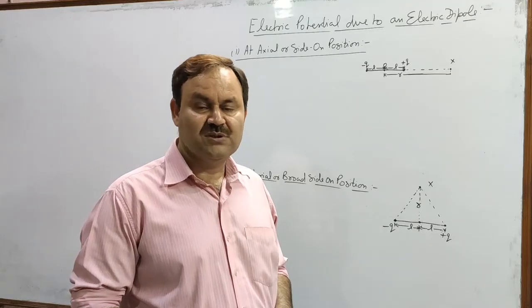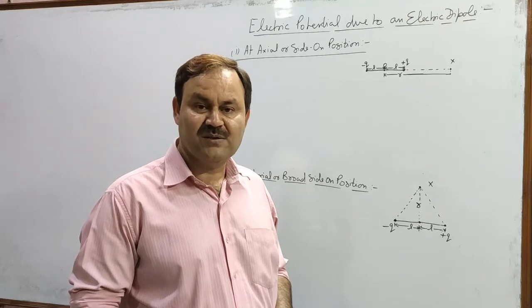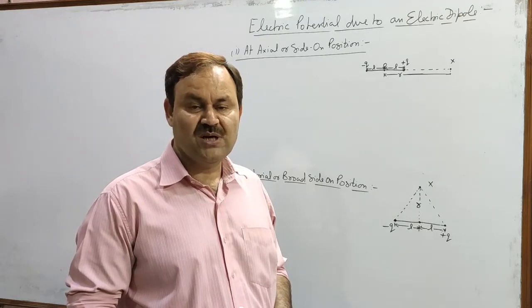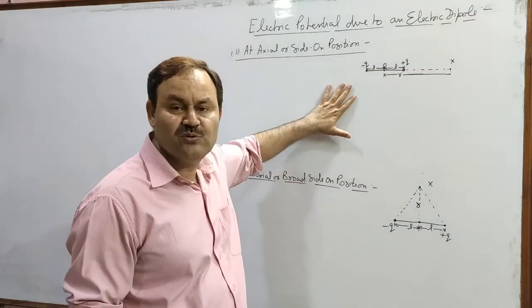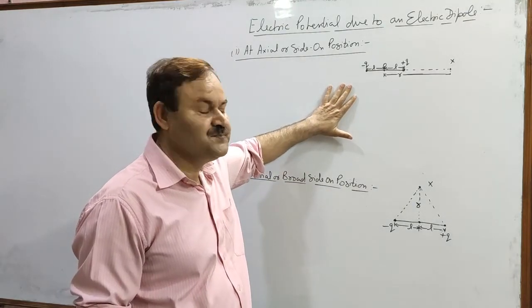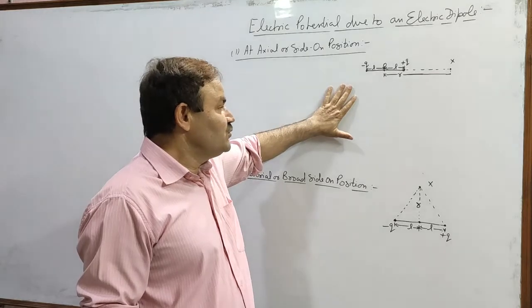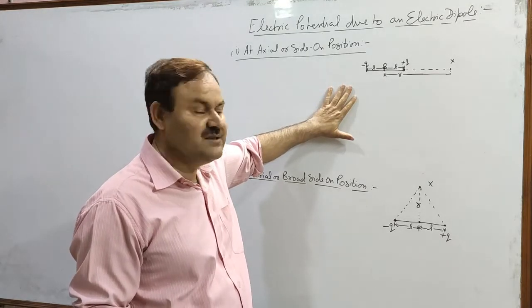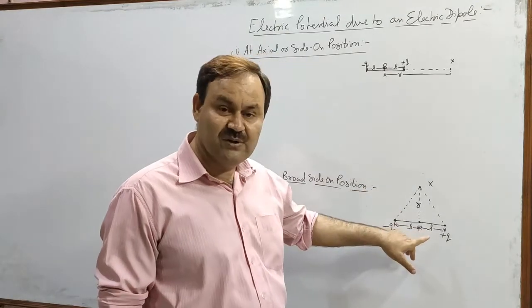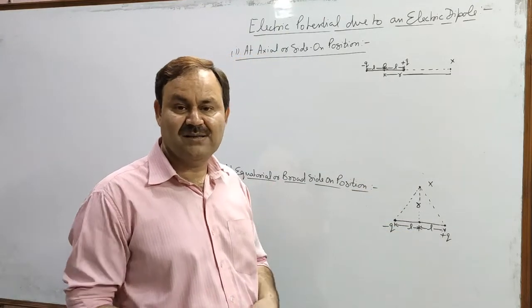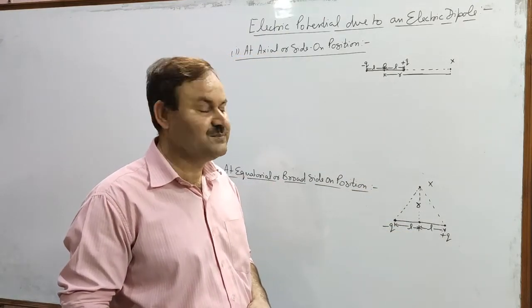Now we will use the expression for electric potential due to a point charge for determining electric potential due to an electric dipole. Electric potential due to a dipole can be determined at an axial or equatorial or at an arbitrary position.